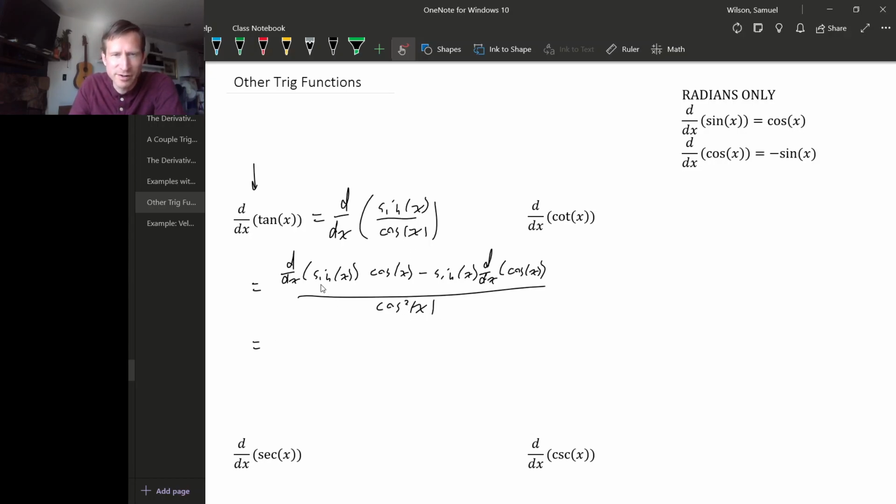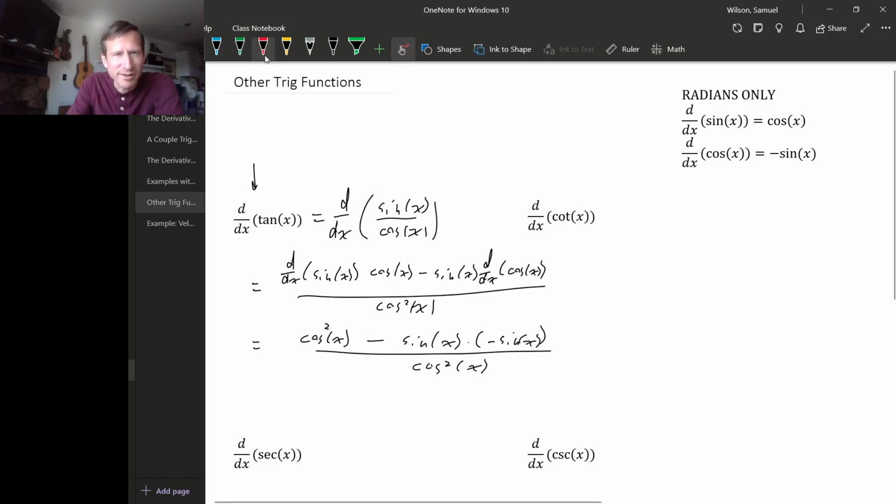Now in the numerator, let's see, derivative of sine, that's cosine, times another cosine, so cosine squared, minus sine of x times derivative of cosine, but that's minus sine. This is all over cosine squared.